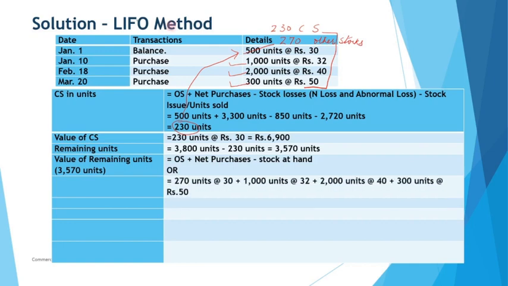When we are following LIFO approach, we should follow the pattern of LIFO method. So these units, 230 units are left, remaining are others. So now this is the value of, you can see how many units. This is the value of these 3570 units. Now we are to see whether all these units are good units. I mean, these can be sold, or maybe some of these are lost due to external reasons or not.